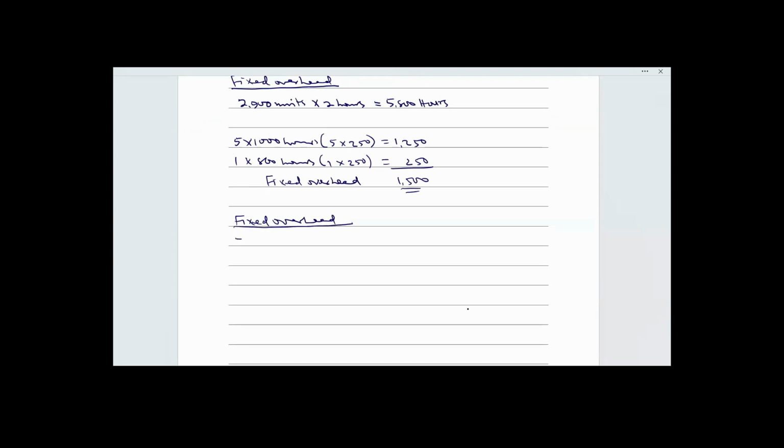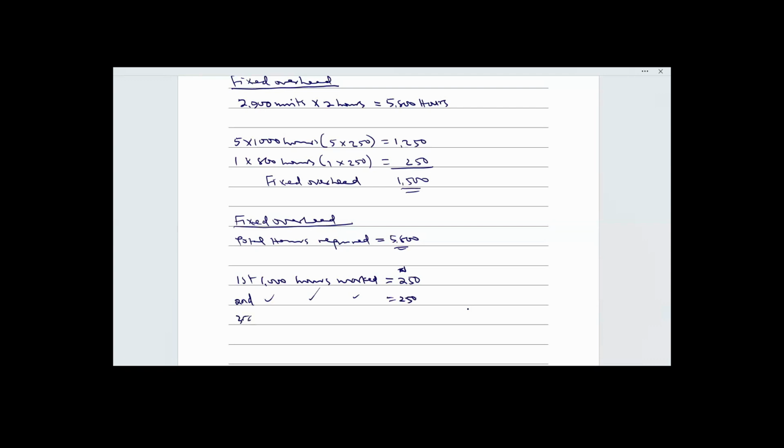Total hours required on the second shift equal 5,800. For the first 1,000 hours worked on the second shift operation, the company will incur 250 naira. The second 1,000 hours worked, the company will incur 250.